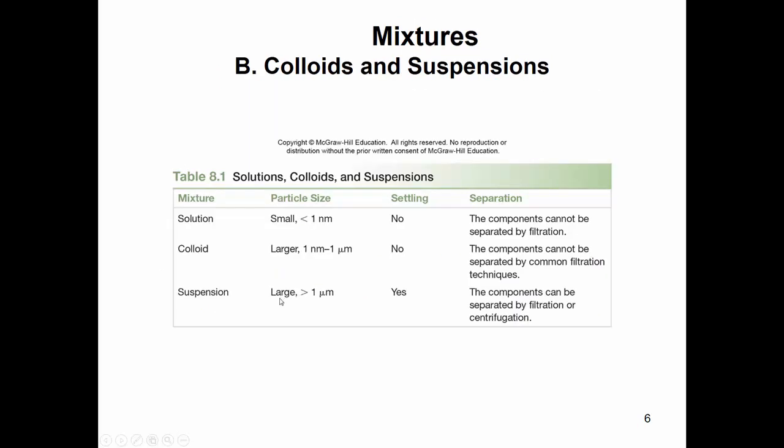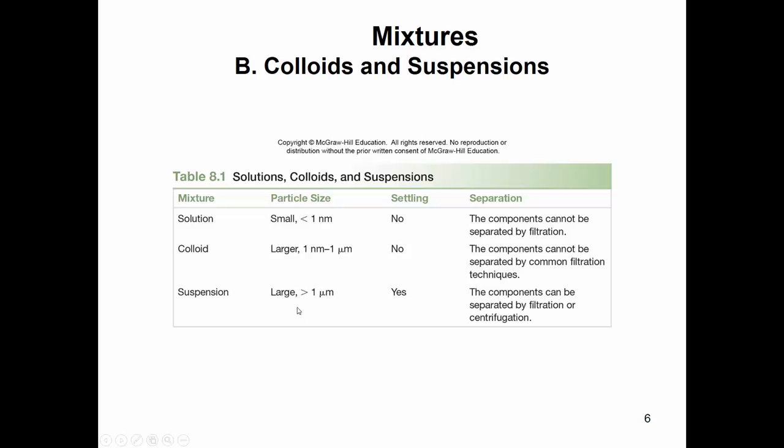So if we want to compare all three, a solution has small particle size, there's no settling, and it cannot be separated by filtration. A colloid has larger particle size, but it also has no settling and can typically not be filtered by common filtration techniques.